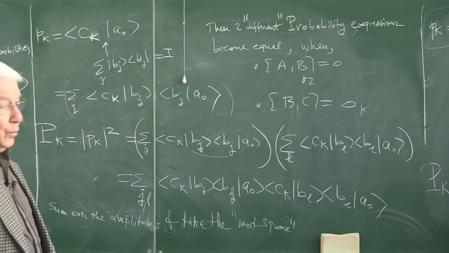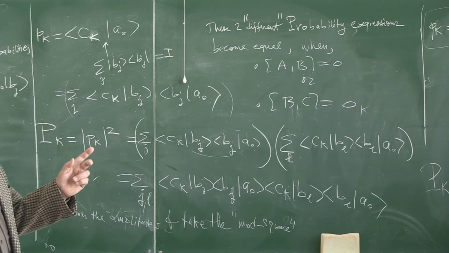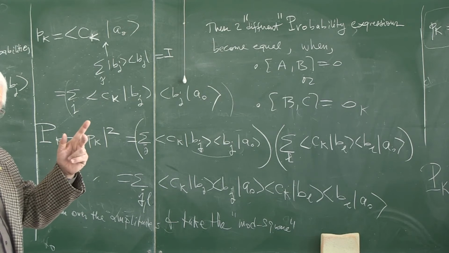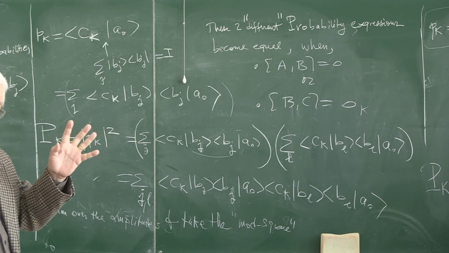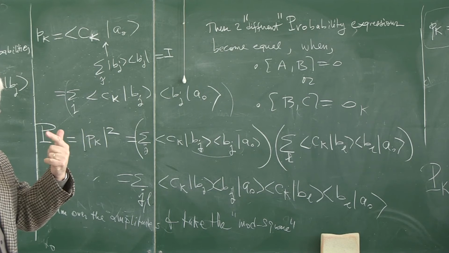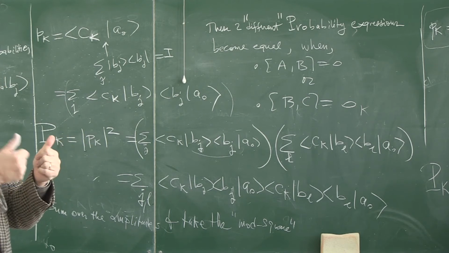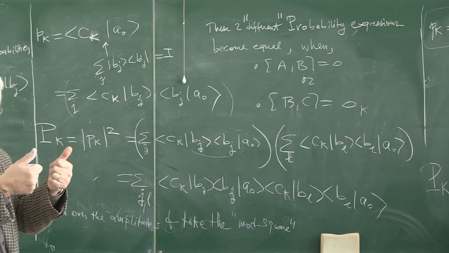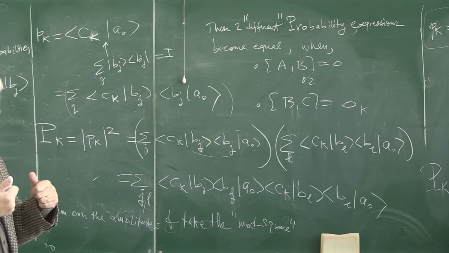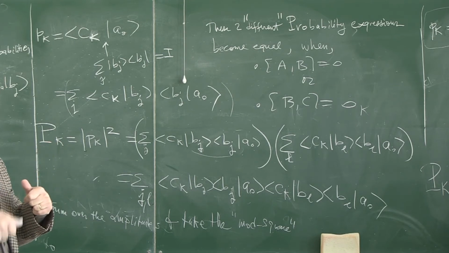If A and B are compatible, obviously it would have a direct effect in the first one, because this state coming out of the B will be labeled by the two eigenvalues, the initial A0 and the second B sub j.